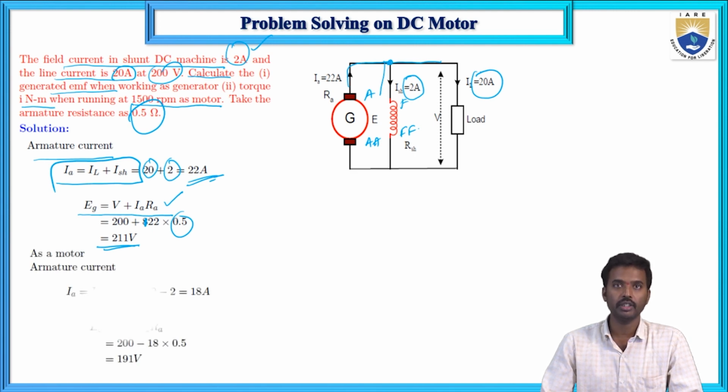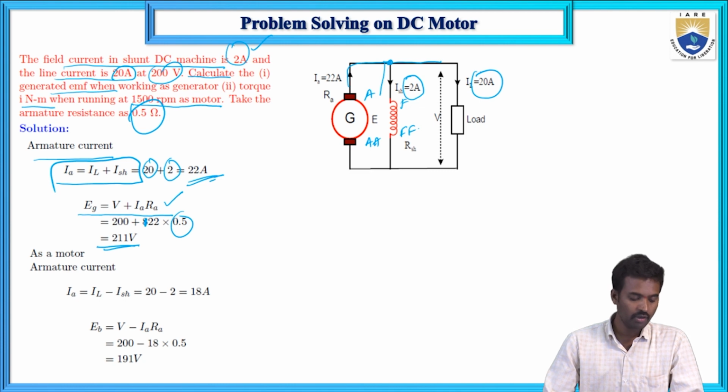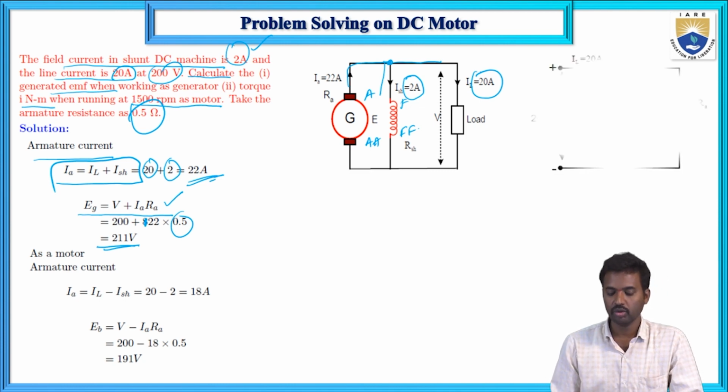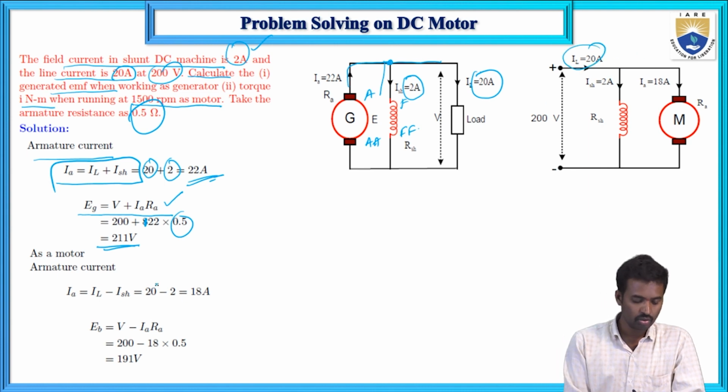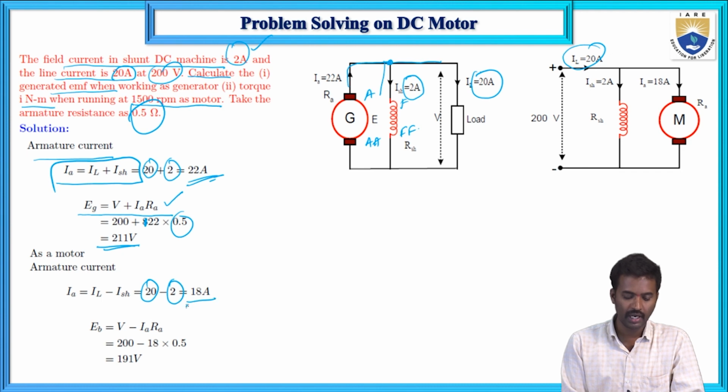Next, the second question, the torque in Newton meter. So first, to get the torque, we need the EB value. Now in the case of a DC motor, this is the DC motor diagram. This is the line voltage, this is the load voltage. Here the shunt field current is 2 and the line current is 20. And here IA equals 20 minus 2, which is 18 amperes.